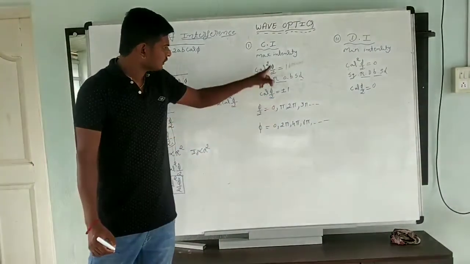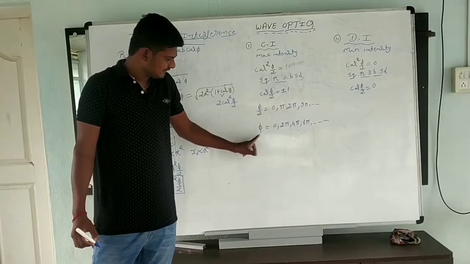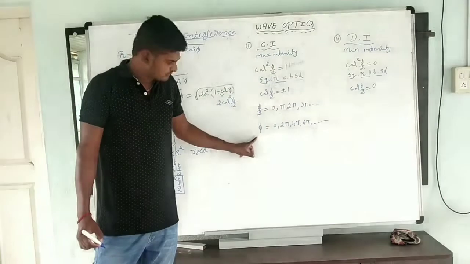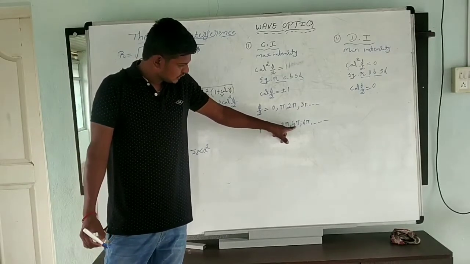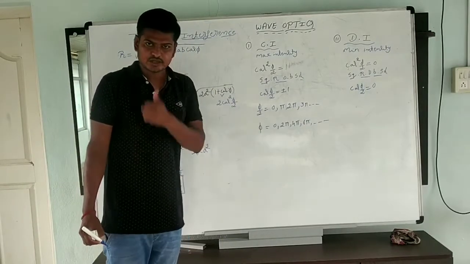Now, wherever we get constructive interference, the phase difference will be 0, next 2 pi, next 4 pi, next 6 pi.